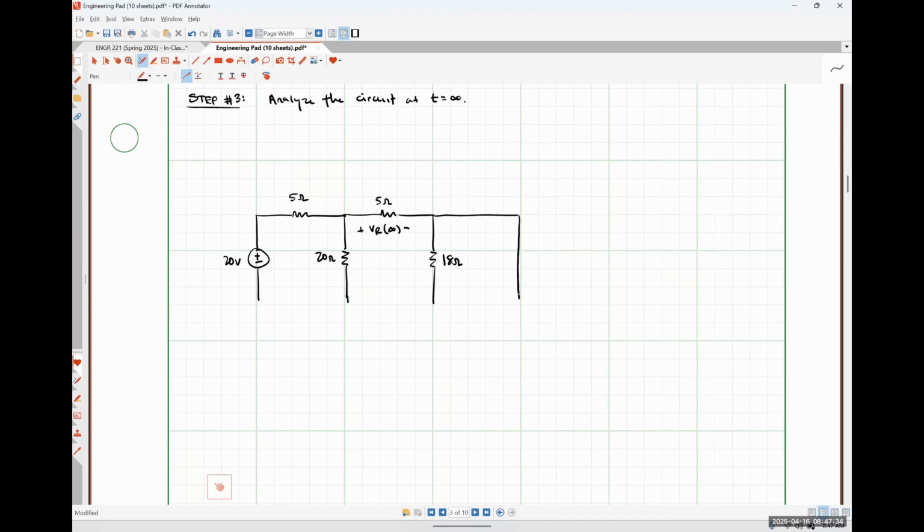My inductor, as I mentioned, is replaced by a short circuit at t is equal to infinity because we are now at DC steady state because the transient condition is over. And then across the top up here, I have that 2 amp current source. And this is the IL at infinity that I'm trying to find.